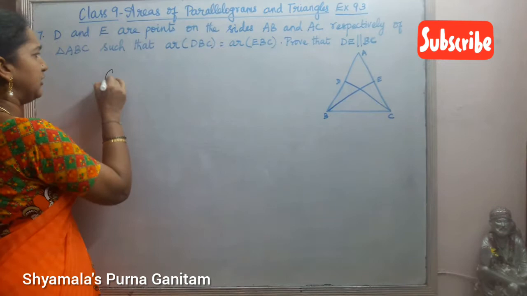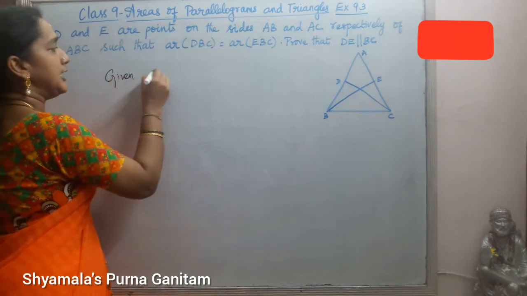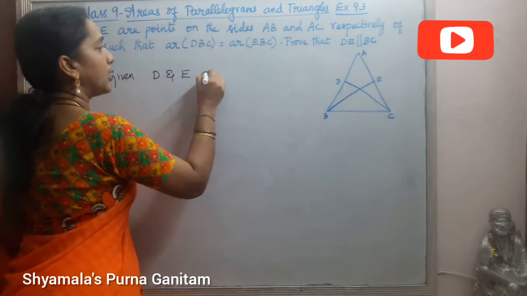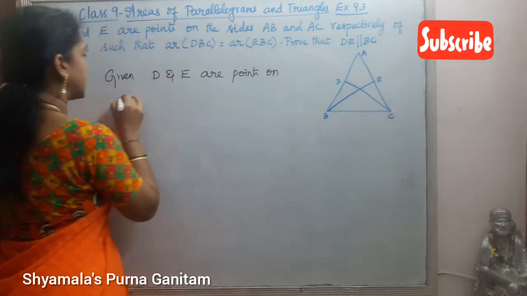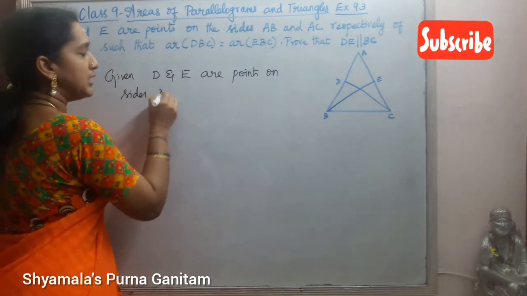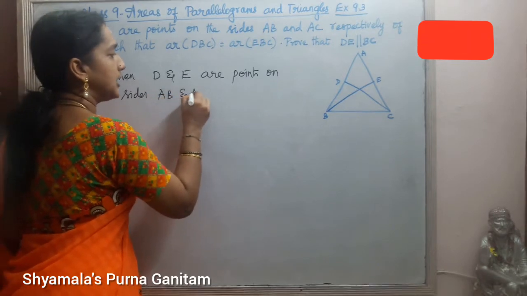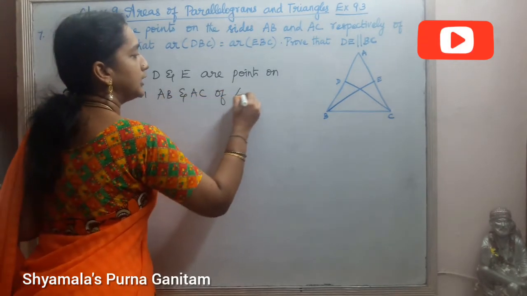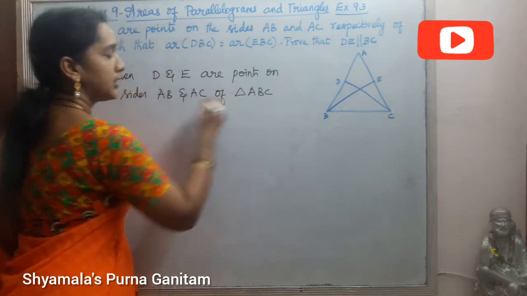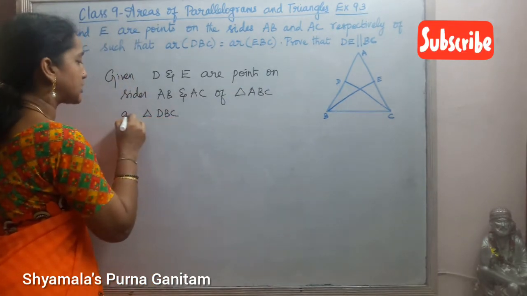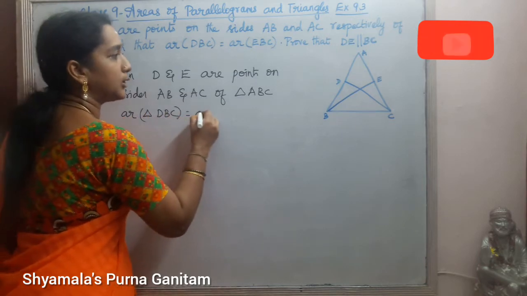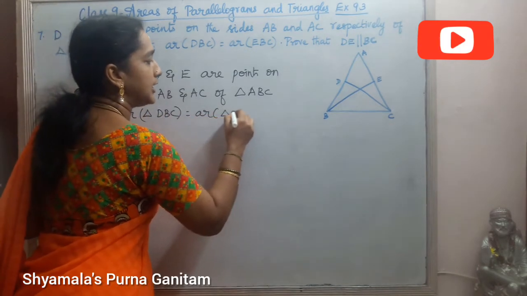Okay. Given: D and E are points on sides AB and AC of triangle ABC. Area of triangle DBC is equal to area of triangle EBC.